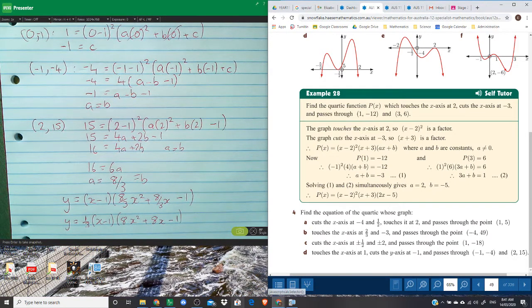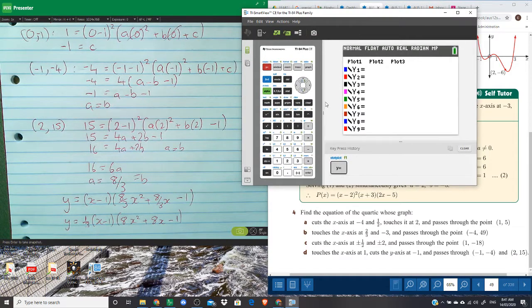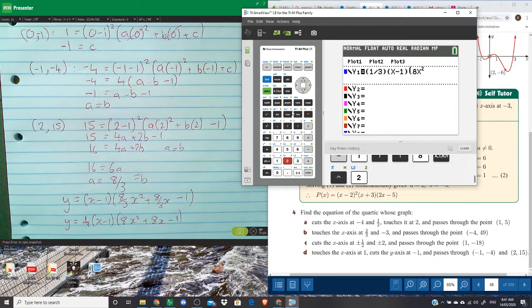Now, just for the purpose of checking that, either I can go to my graphing package or I can use my calculator. So getting used to using our calculators again, let's go and do that. 1/3, bracket x minus 1 bracket, 8x squared plus 8.